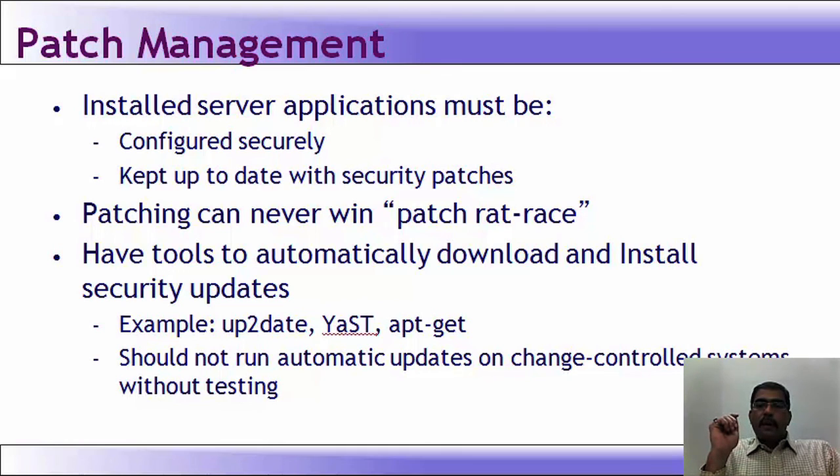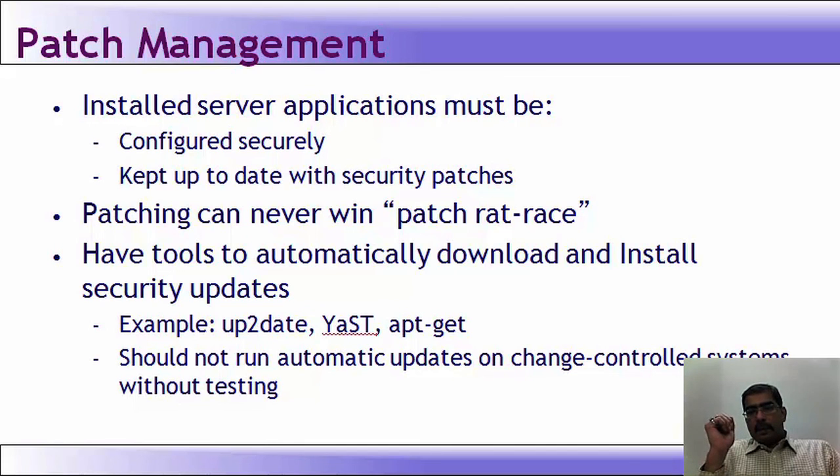Then you should have tools to automatically download and install security updates. Example, up2date, YaST, apt-get. Now apt-get is a command in Ubuntu or Debian based systems. You should not run automatic updates on change control systems without testing. All the modern Linux distributions include tools for automatically downloading and installing security updates.